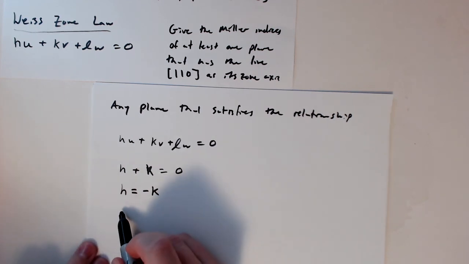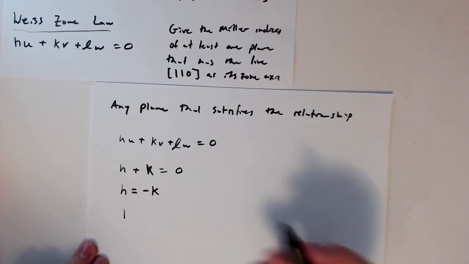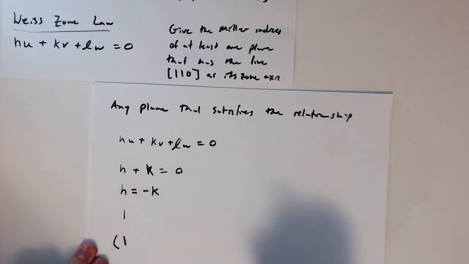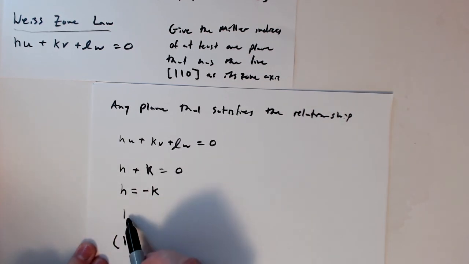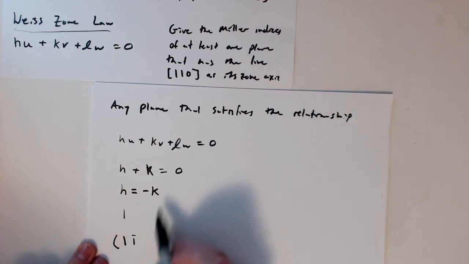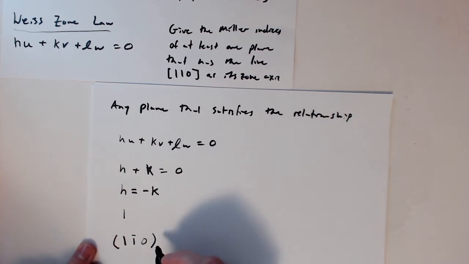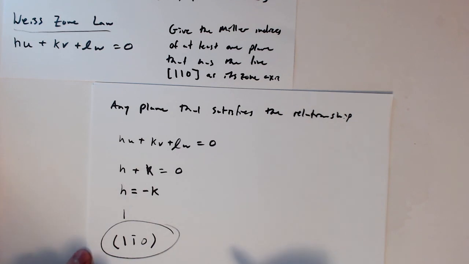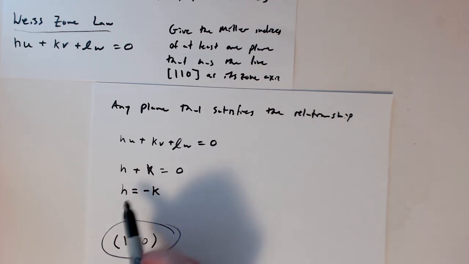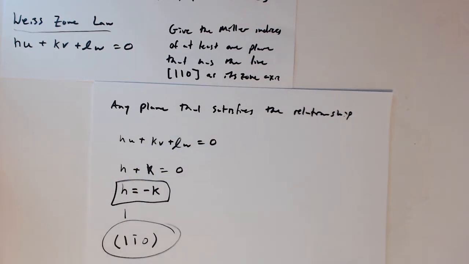So let's say that I pick an h of 1. So I know right off the bat that my first Miller index is going to be 1. That means that I have to have a negative 1, right? And then any value of l is acceptable. So it could be 0, 1, 2, 3, 4, it doesn't matter, right? So this plane would satisfy, but anything that satisfies this relationship would work.